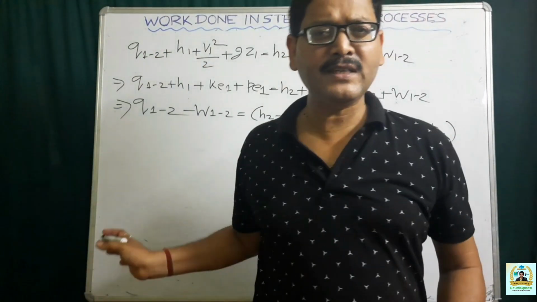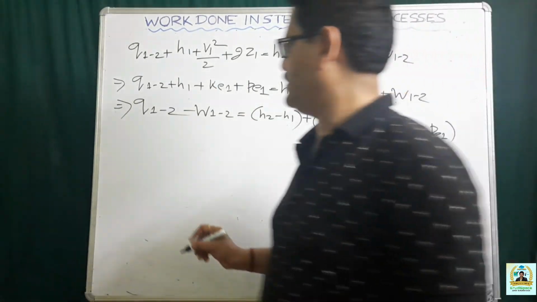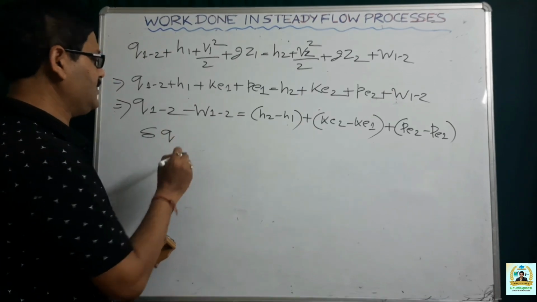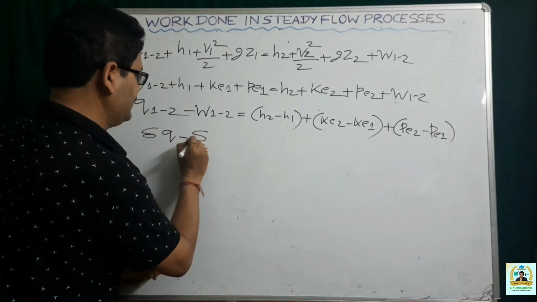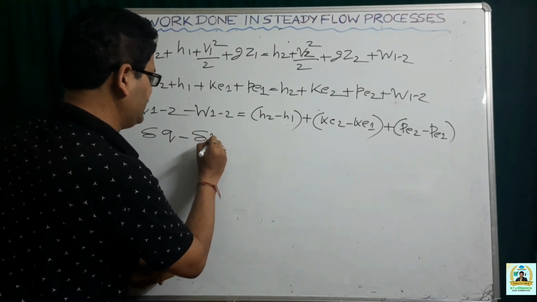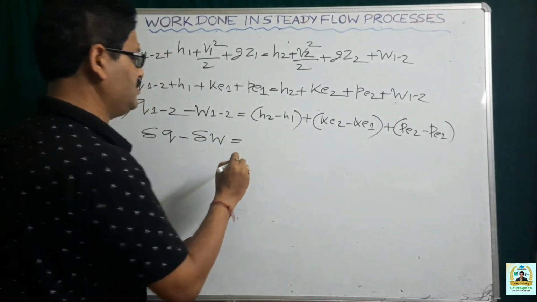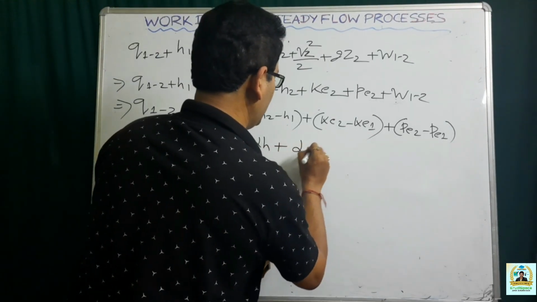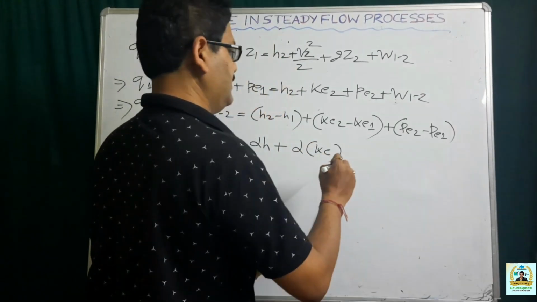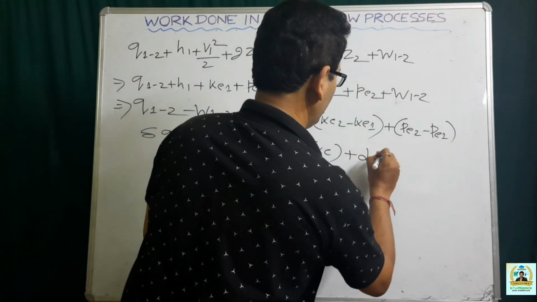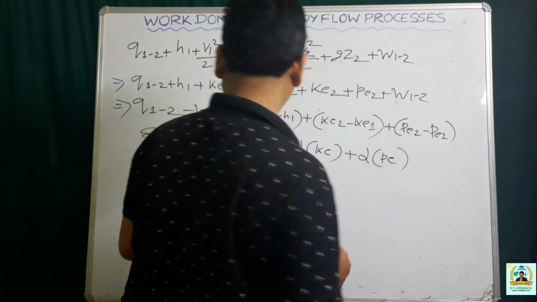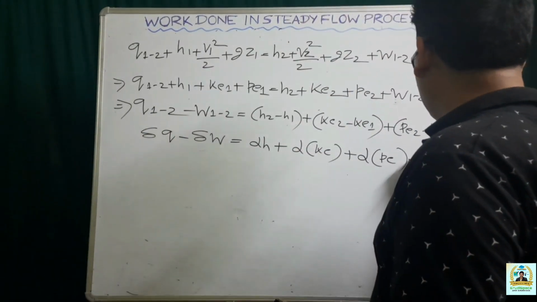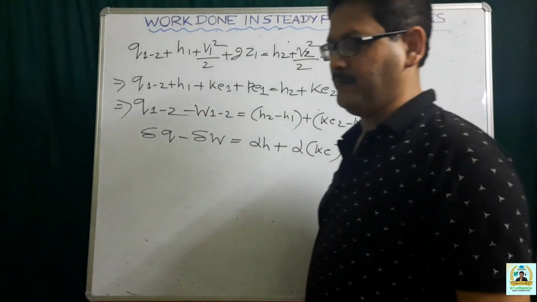And if we represent this in differential terms, this will be del Q minus del W is equal to dH plus d of kinetic energy plus d of potential energy. We can represent this as equation 1.